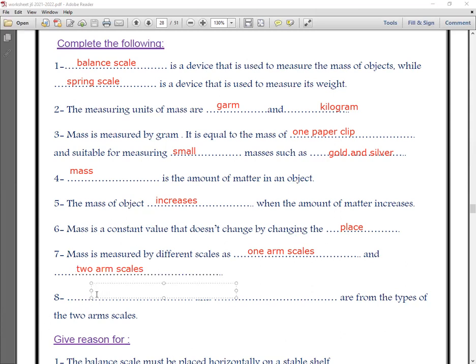Balance scale and sensitive scale are from the types of 2 arm scales.